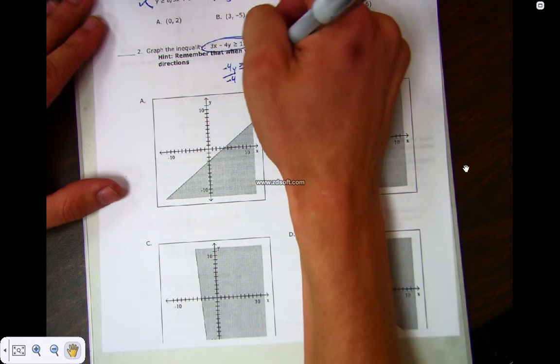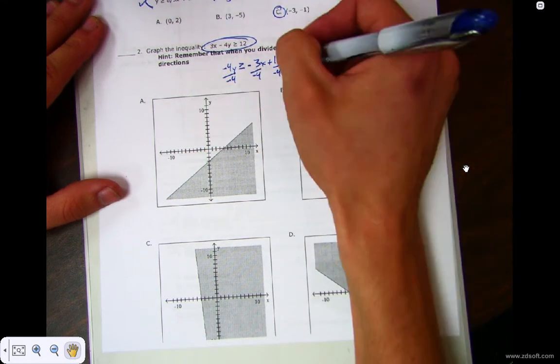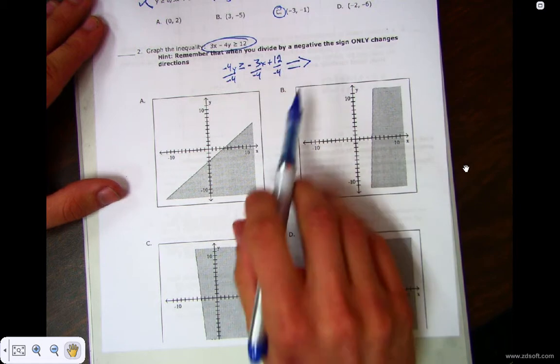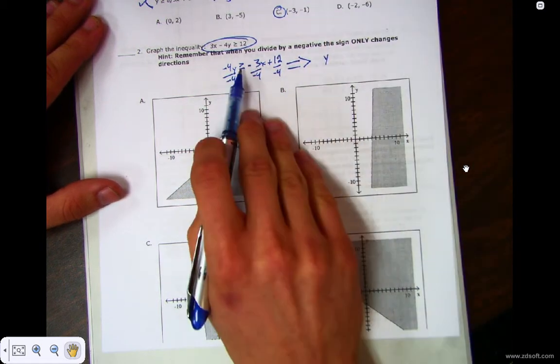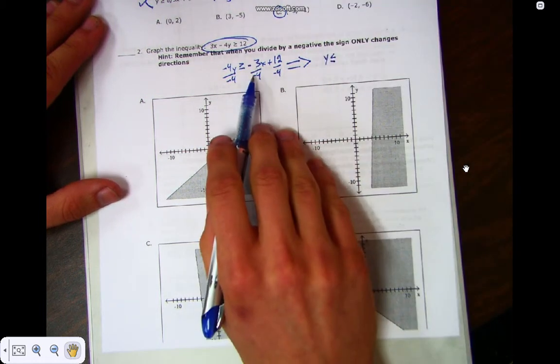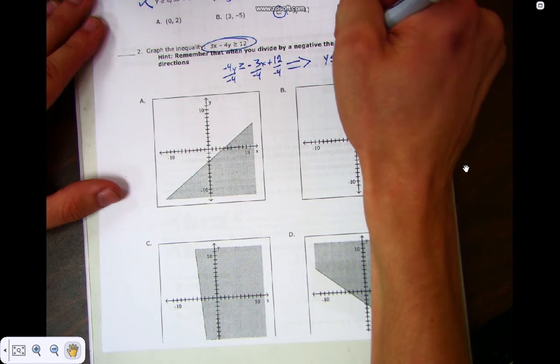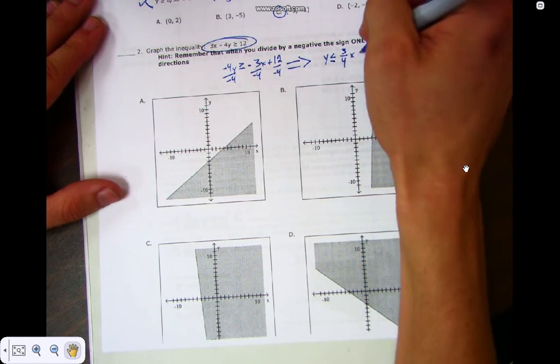After I do that, I'm going to have a positive y. My sign's going to flip directions because I'm dividing by a negative. And then I'm going to have positive 3/4 x minus 3.